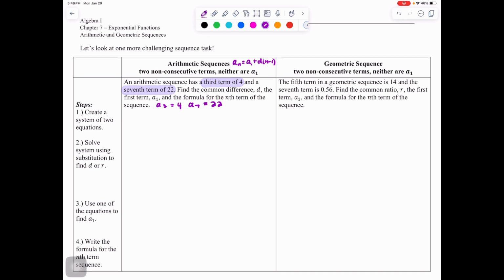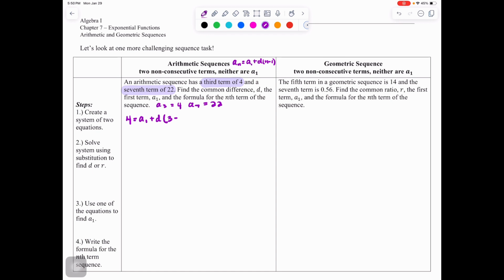So the first thing we want to do is actually create a system of equations, one each using each of these terms. So I'm going to start with the third term, which is 4. That would be equal to a sub 1, which we don't know, plus the common difference, which we also don't know, times n minus 1, but I know n is 3 because 4 was the third term.